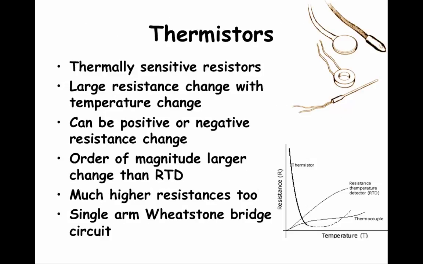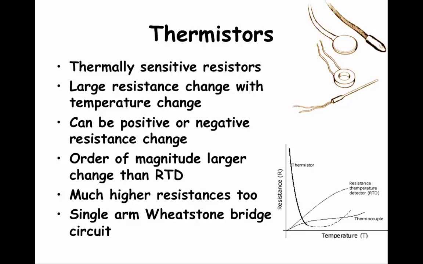The next type of temperature measuring sensor that we want to discuss is thermistors. They are like RTDs in that the resistance changes as a function of temperature. However, thermistors have large resistance changes compared to the small resistance changes that RTDs have. Thermistor temperature coefficients are commonly an order of magnitude, 10 times, more than the RTD coefficients.